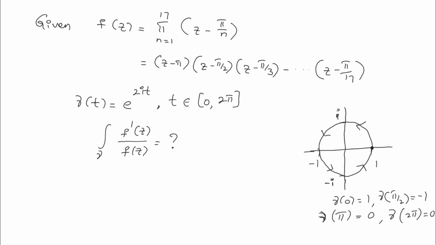But the point here is how many times this curve gamma travels on this circle. When we look at the points, gamma of 0 equals 1, that means the curve starts here, and gamma of pi by 2 equals minus 1, that means the curve traveled in this direction.